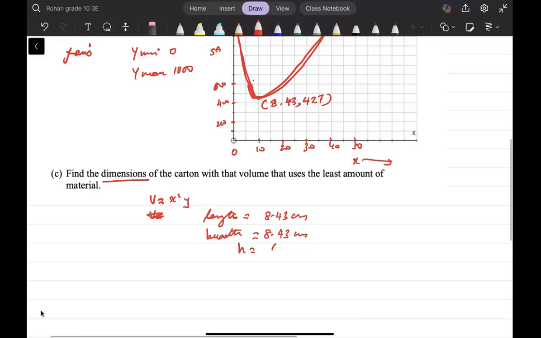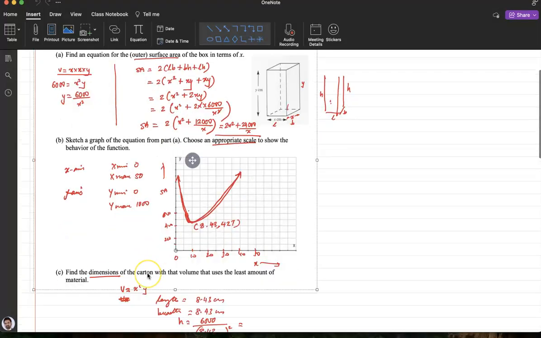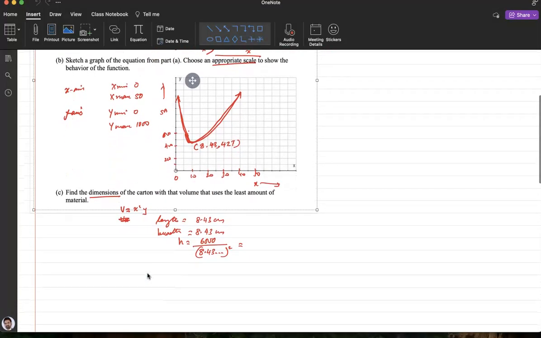So 6,000 over 8.43 squared, taking more significant figures. How much is that? 84.4.